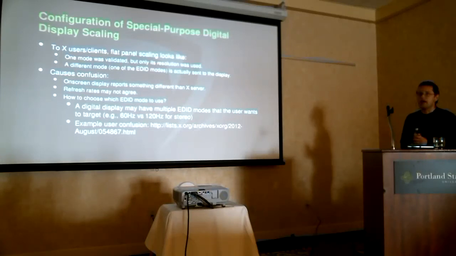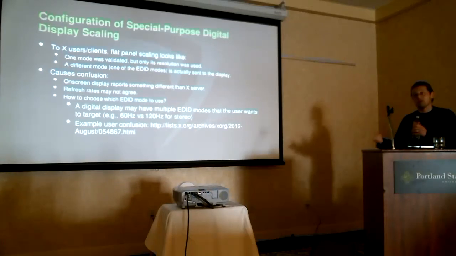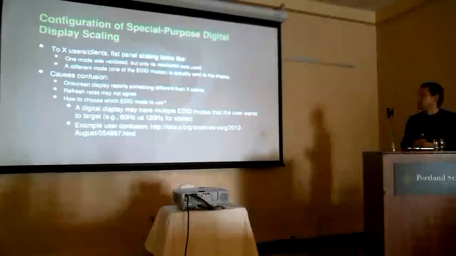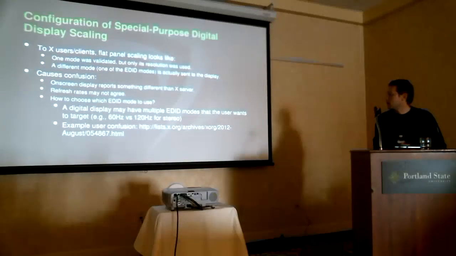You don't really want to have that sort of policy baked in there. You might want to use different modes from the EDID. For example, regular 60 hertz versus a special stereo 120 hertz mode. And there's various examples of this sort of confusion online.